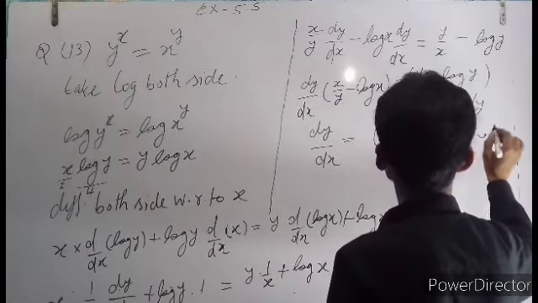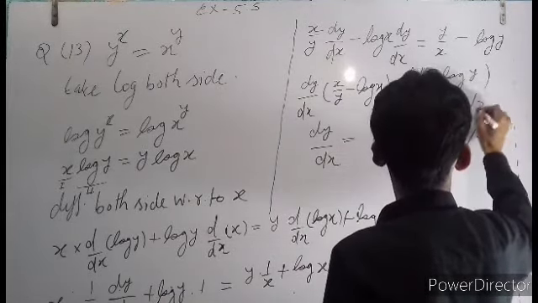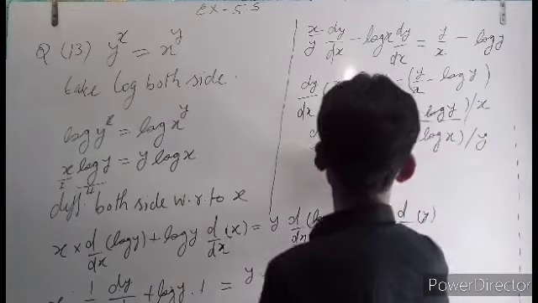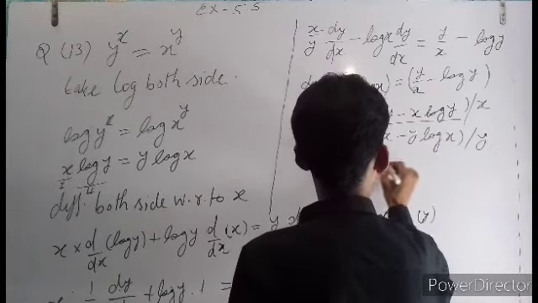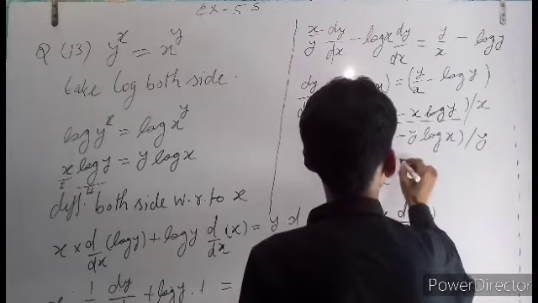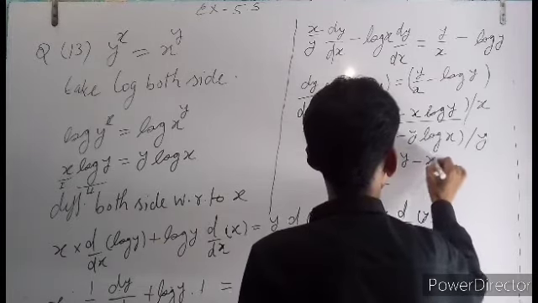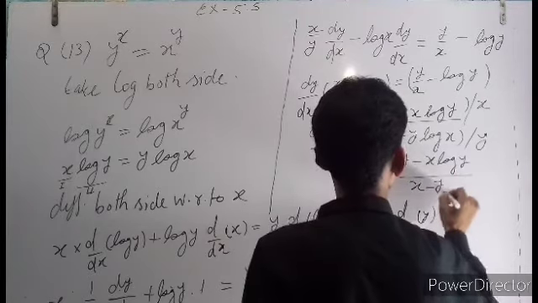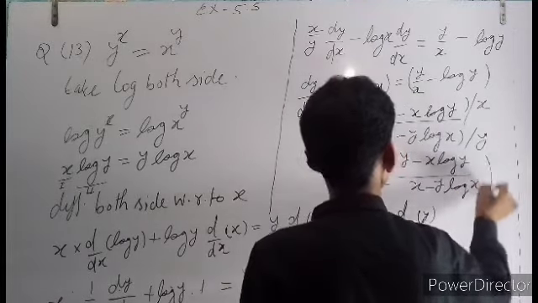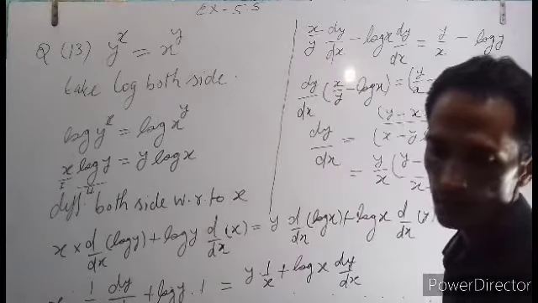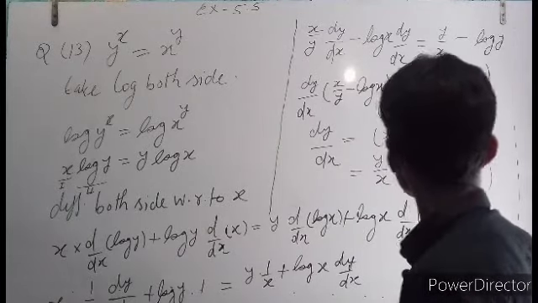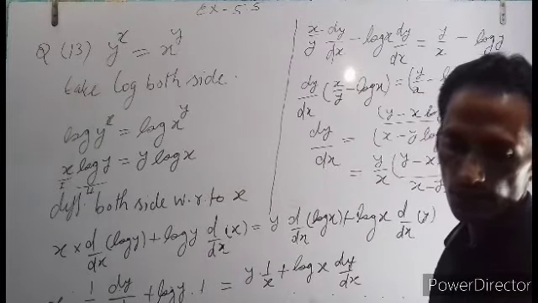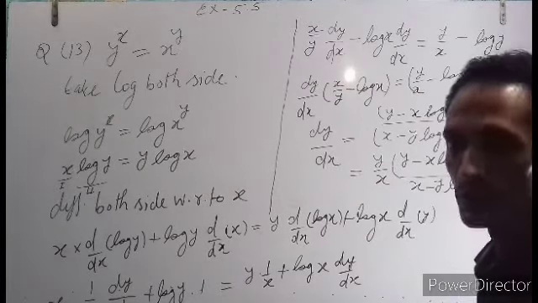Sorry, here will come x, here will be y. So we can simplify: dy by dx equals y upon x into y minus x log y upon x minus y log x. Is that clear? That is the solution. That is about question number 13.